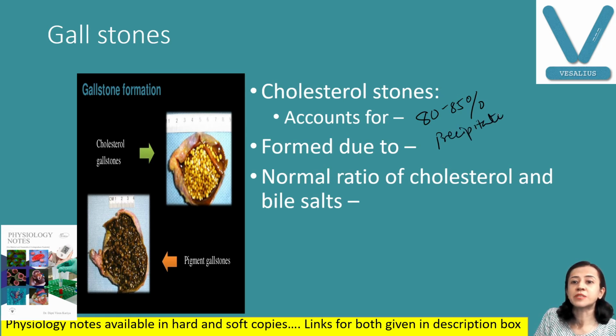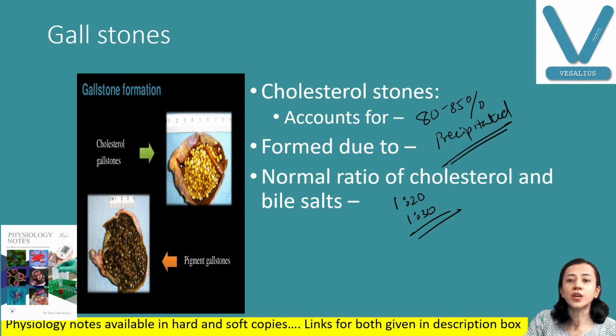The normal ratio of cholesterol to bile salts is 1 to 20 to 1 to 30, and when this ratio decreases to 1 to 13, what is the meaning? Either bile salts decrease in your gallbladder or the cholesterol level increases, so the ratio decreases.